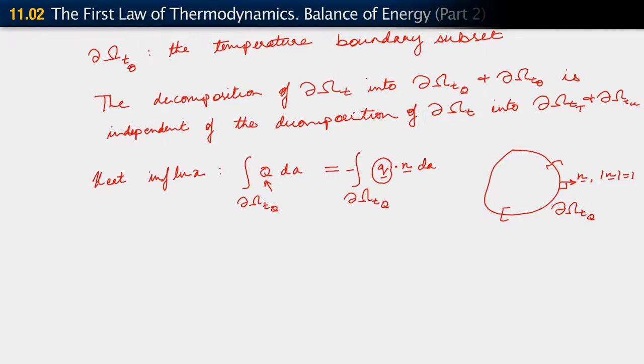And because n is the unit outward normal, we have a negative sign if Q is the influx. Little q is the heat flux vector.